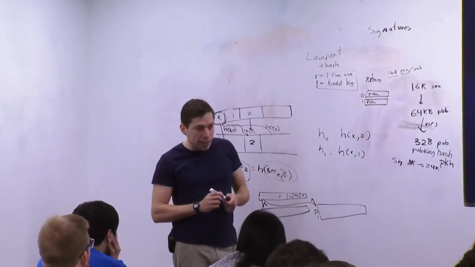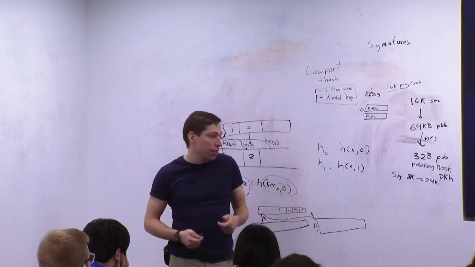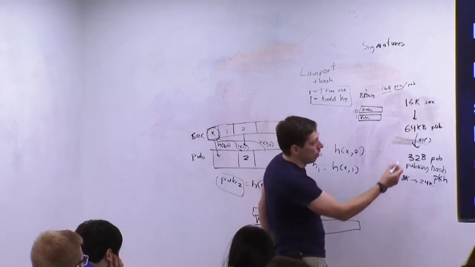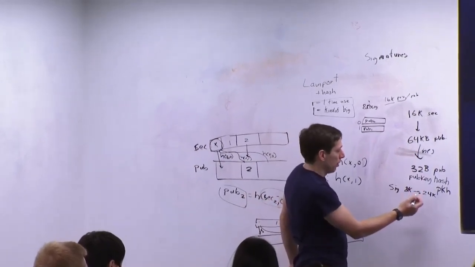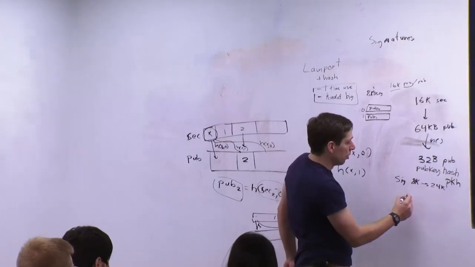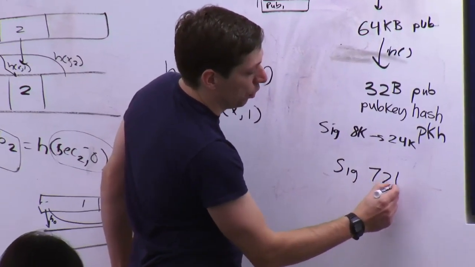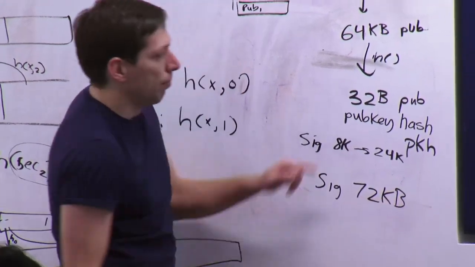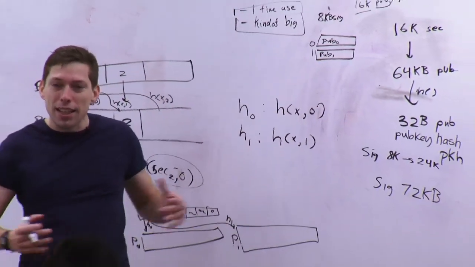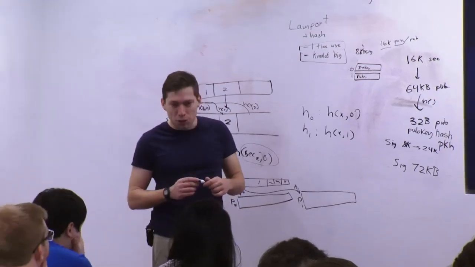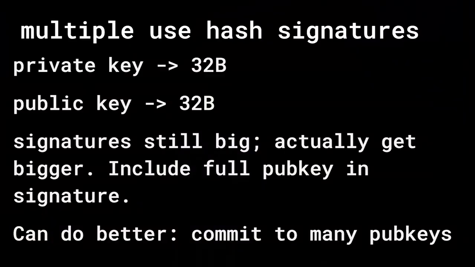However, then when I reveal and want to give you a signature, my signature is now whatever it'll be, like 72 kilobytes. Kind of huge. So I can add a bunch of keys, but I'm just sort of pushing the problem somewhere else into the signature, right?